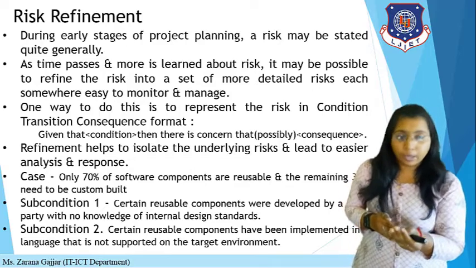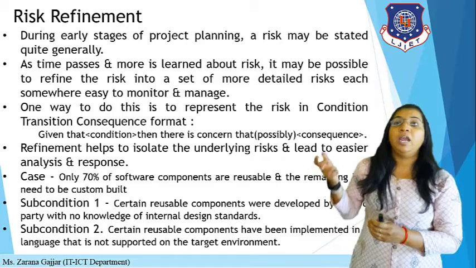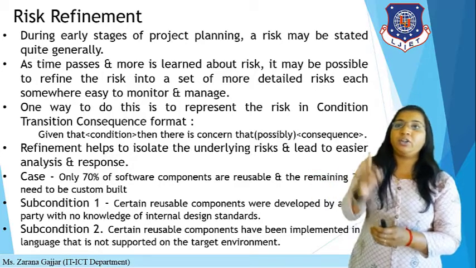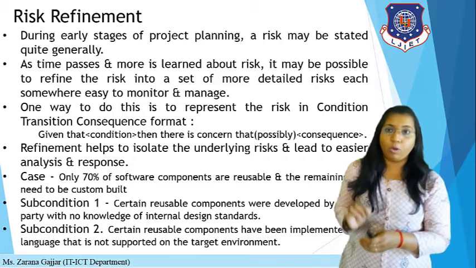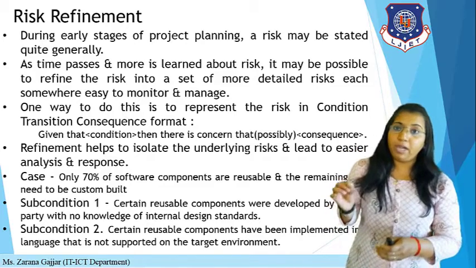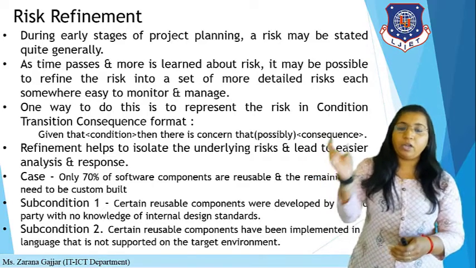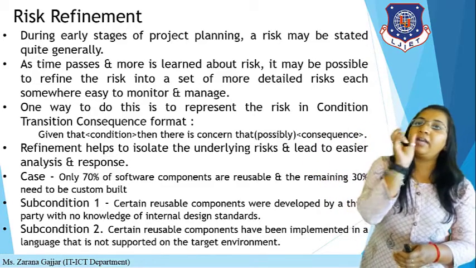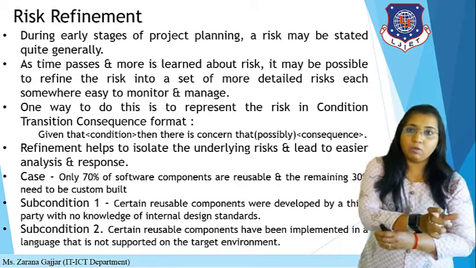One way to do this is to represent the risk in CTC, that is, condition-transition-consequences format. CTC is one of the formats for risk refinement. The format is: given that you define a condition, then there is a concern, that is possibly, and then the consequences.